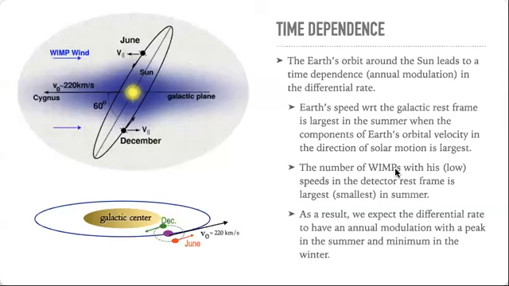And as you can imagine, just like if you're flying in a plane or riding your bike, your flux is bigger when you're going into the wind and is least when the wind's at your back. And that's the idea here.